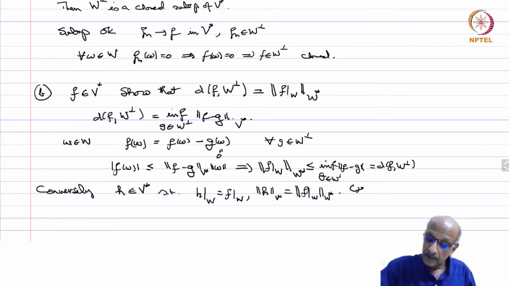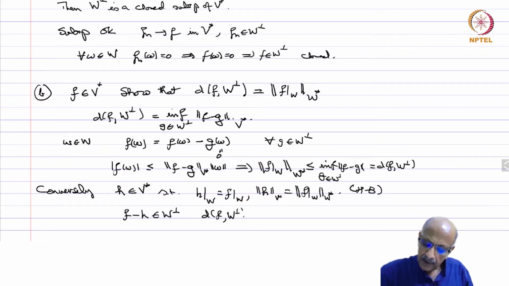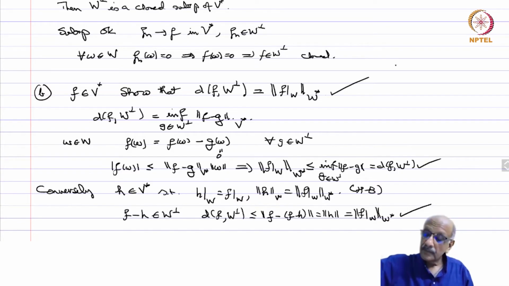This is just Hahn-Banach applied to f restricted to W. Then f minus h, both of them are agreeing on W, so this belongs to W perp. And you have d(f, W perp) is therefore less than or equal to norm of f minus h, which is equal to norm h, and that's equal to norm of f restricted to W in W star. So you have the reverse inequality. On one hand you have this one, on the other hand you have this, and that proves the result here. Okay.